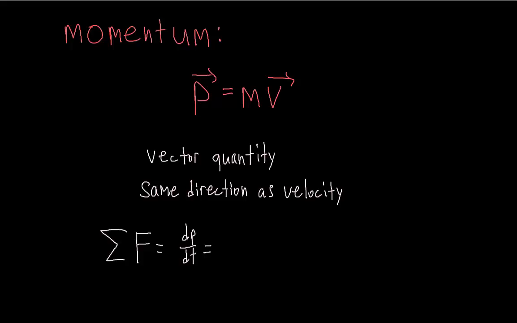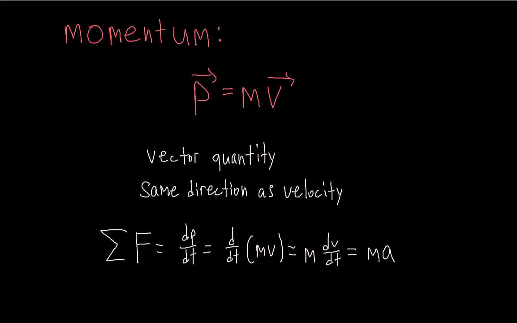And you can see that this is the same thing because momentum is m times v, and if the mass of the object stays constant, which many times it does, then we can move it out of the derivative, and so it just becomes the mass times the derivative of the velocity, which we know to be the acceleration.